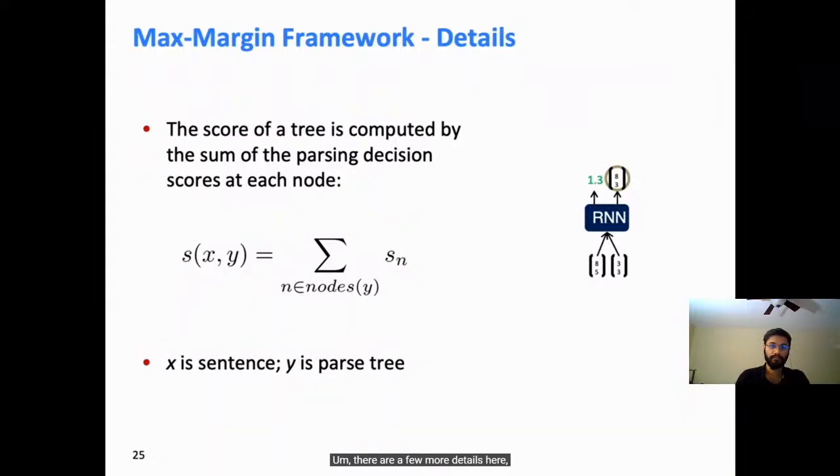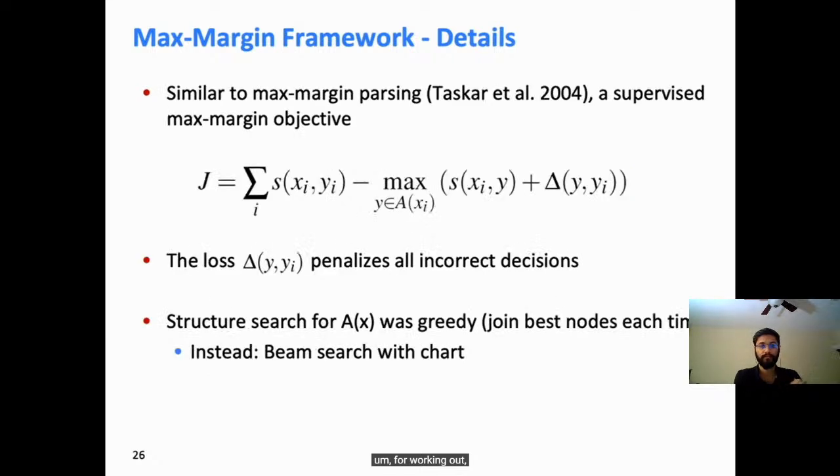There are a few more details here, some of which probably aren't super important at this point, right? So we could score a tree by summing the scores at each node. For the optimization, we're using this kind of max margin loss that we've looked at in other places.